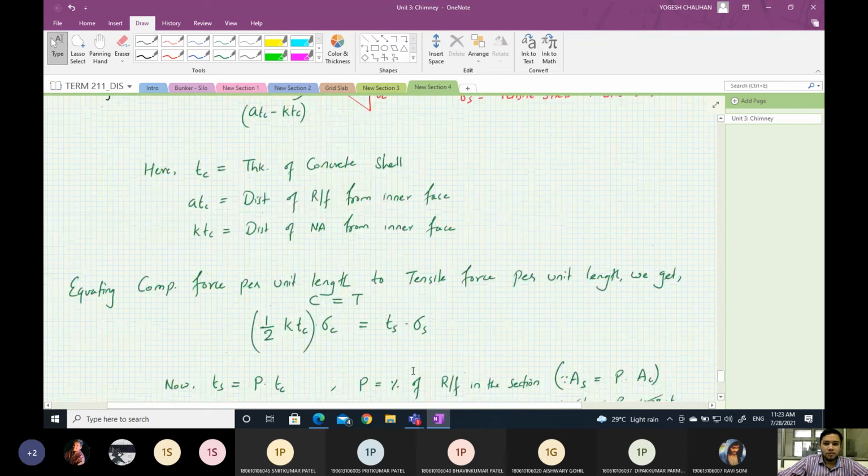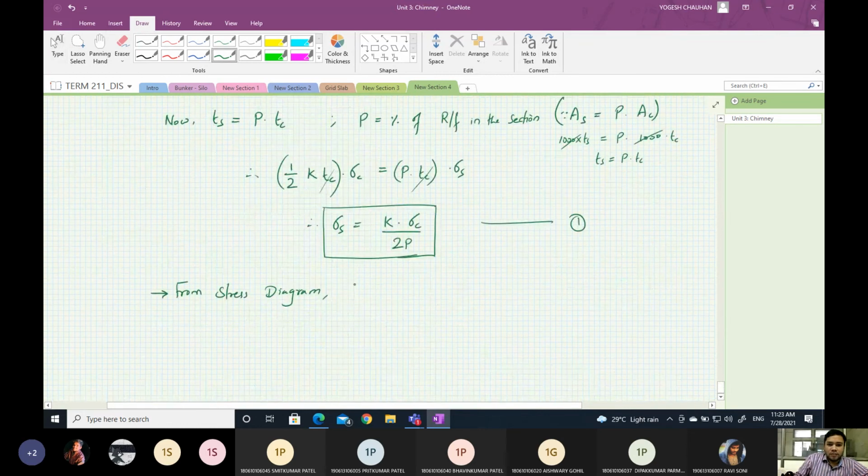So you can write sigma C by K times TC equal to sigma S by m divided by A times TC minus K times TC.